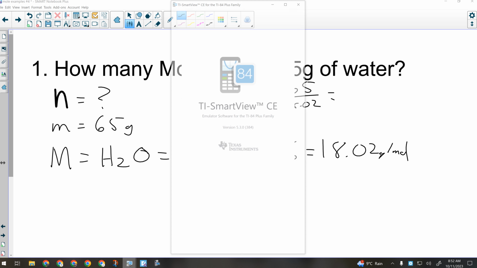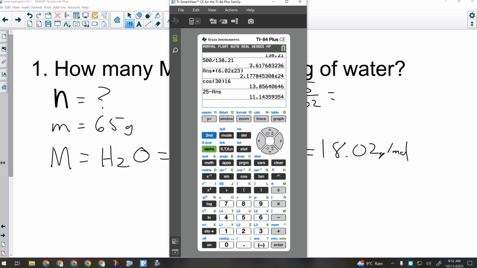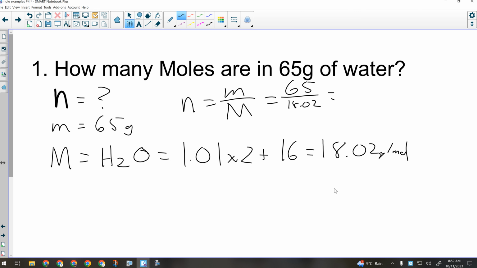About 3 point something? 3.61. I'm going to take your word for that. And what are my units? Moles. How important are units? Very. Don't forget them on the test. They'll cost you a mark if you forget them. Questions on number 1?